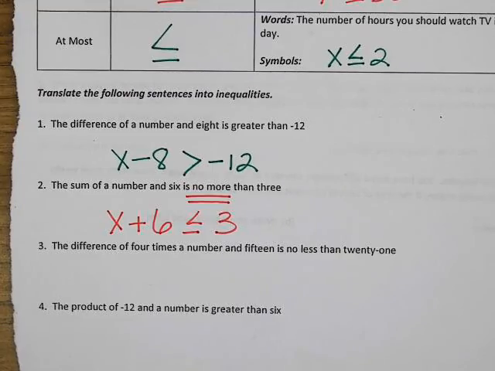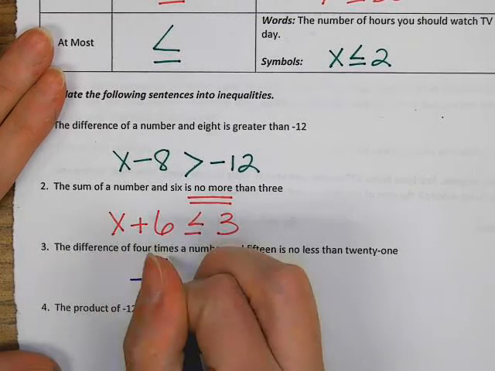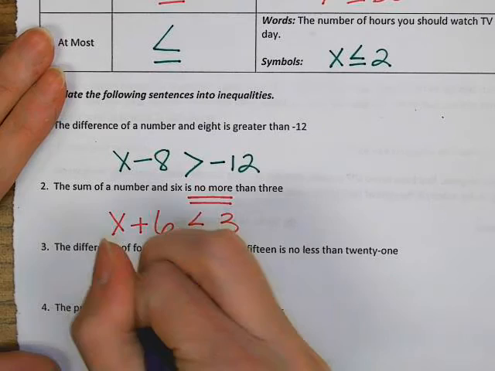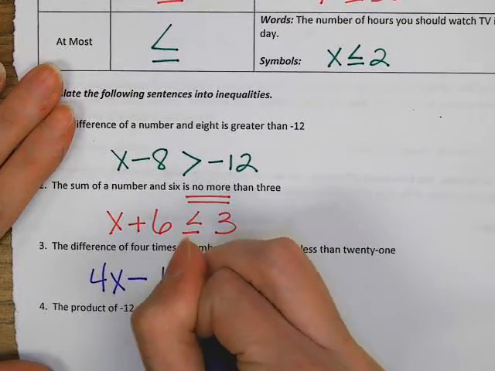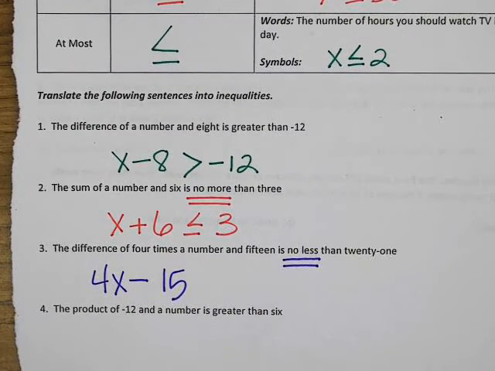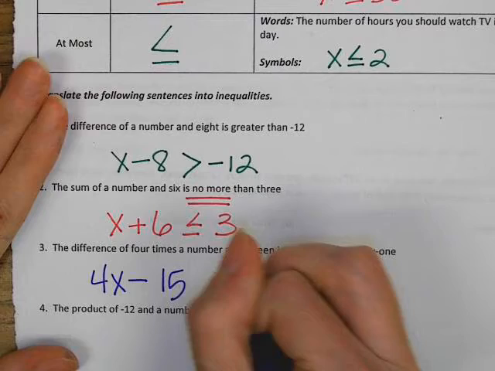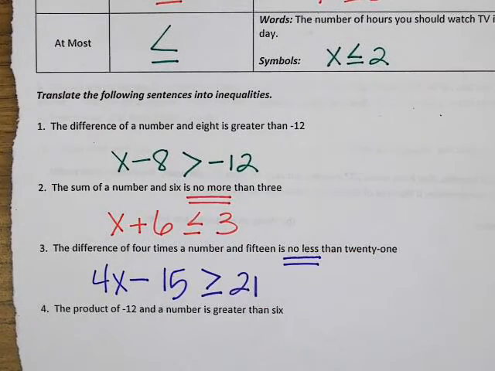All right. Number 3 says the difference. Okay, so difference means subtract. 4 times a number would be 4x. And we're subtracting 15. Then it says no less than. If it's not less than, it must be greater than or equal to 21.